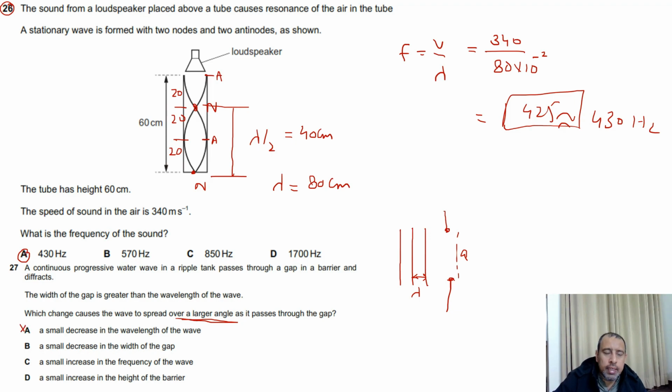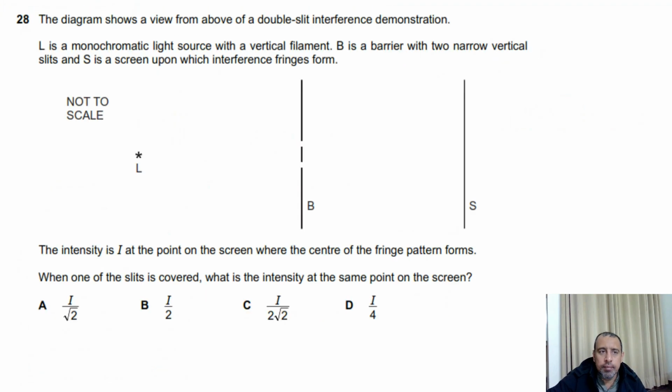A small decrease in the width, yeah, this is the correct answer. A small decrease in this gap A will make this gap comparable with lambda to get more diffraction. Small increase in frequency, no, these are the wrong answers. Small increase in the height, there's no effect of height on diffraction.